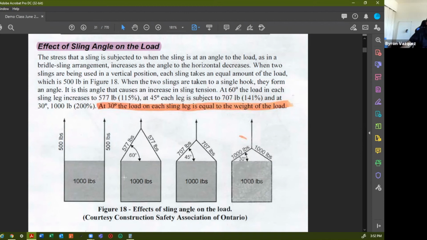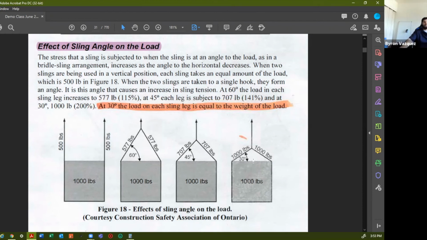Okay, we have 1,000 pounds, and we're going to be lifting it up. Here we have 577 pounds per leg. That is a lot better than 700 pounds per leg at a 45-degree angle, or worse, at a 30-degree angle, 1,000 pounds per leg.